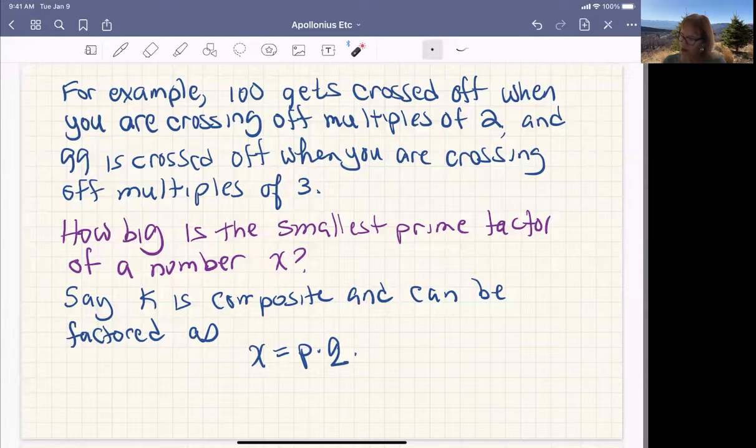When are you going to cross off 99? Well, it's not going to be crossed off when you're crossing off multiples of 2 because it's not a multiple of 2. The next prime you're going to find is 3. When you cross off all the multiples of 3, you're going to cross off that 99.